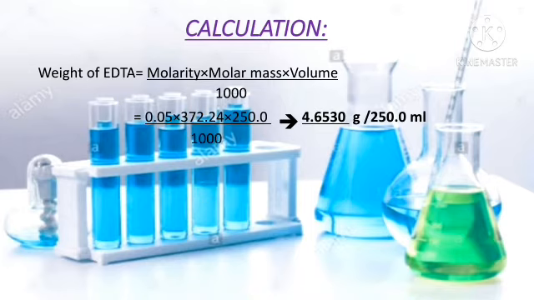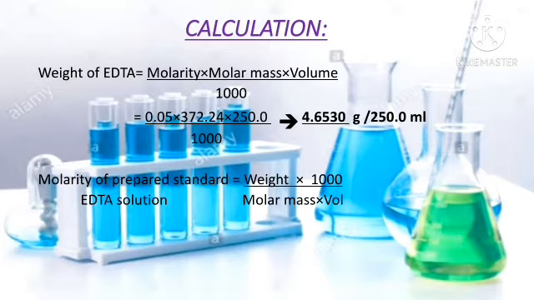Molarity is 0.05, molar mass of EDTA is equal to 372.24 and the volume of the flask is 250. By putting all these values, we get the weight of EDTA is 4.6530 gram per 250 ml.